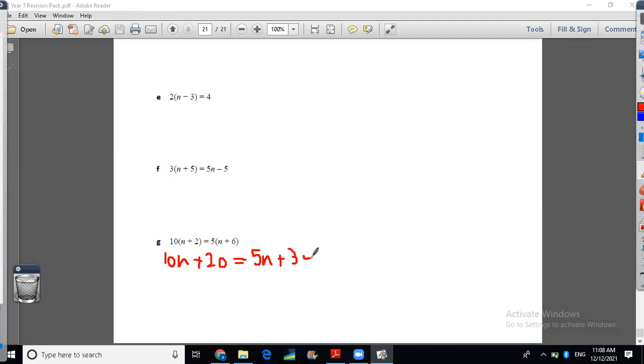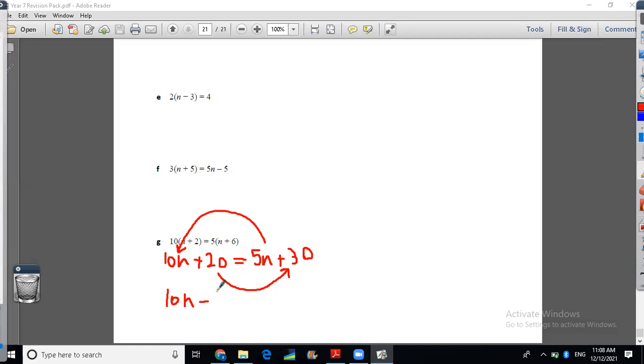After expanding the brackets, what am I supposed to do? I want all the variables together on the same side, the numbers together on the other side. So 10n is going to stay the same, but 5n is going to move. Do you remember what Mr. Ahmed said today in class? If you move anything from one side to the other side, you must change the sign.